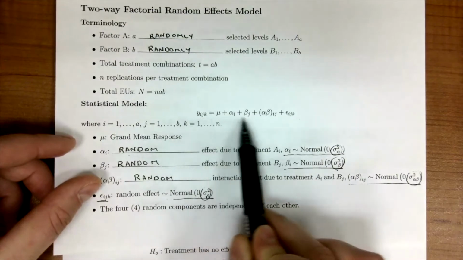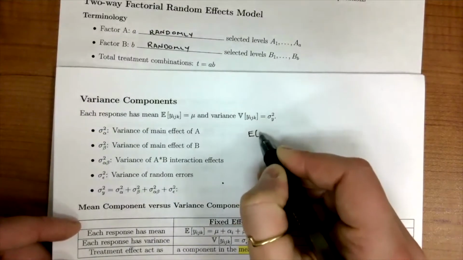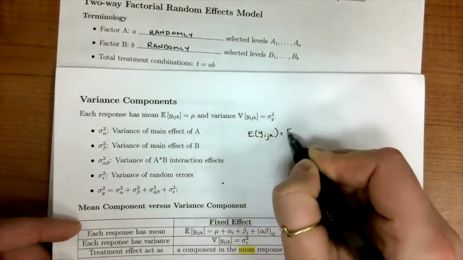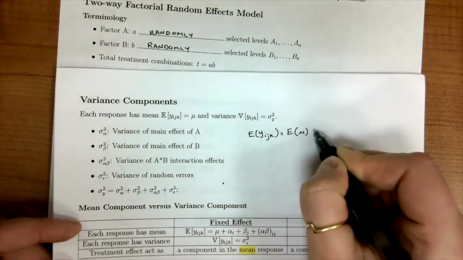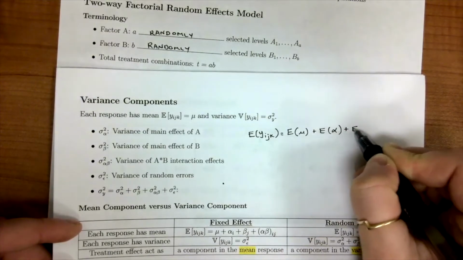If we take the expectation across this, so we take the expectation of yijk, this is going to be the expectation of mu plus the expectation of alpha. I'm going to drop the I just for simplicity.